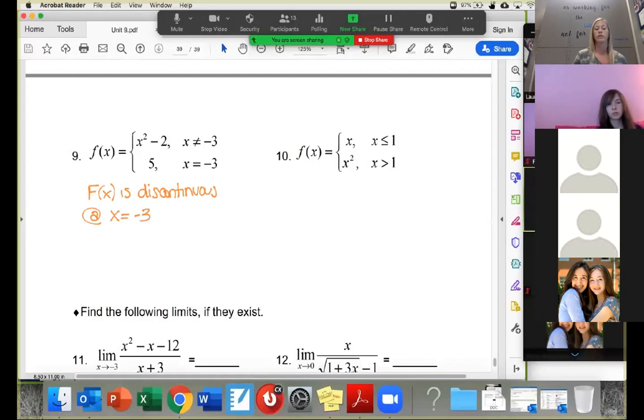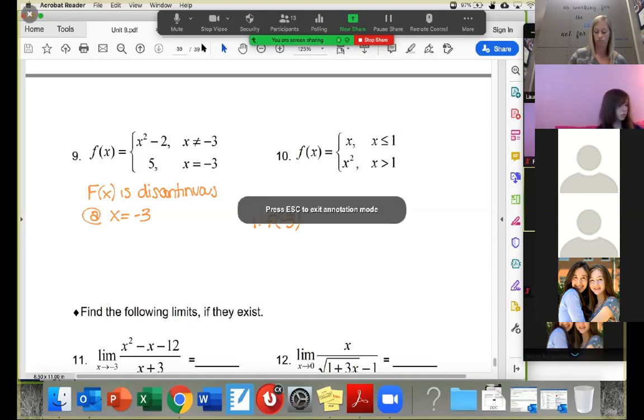So I'm going to go through my checklist to the side. My checklist is, one, f of -3 must exist. Does f of -3 exist according to that graph? There's a hole on the quadratic, but is there a value at -3? Yes. In fact, it equals 5. So we have a function value.